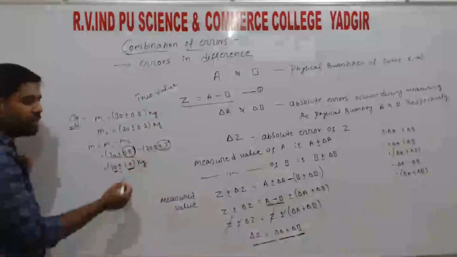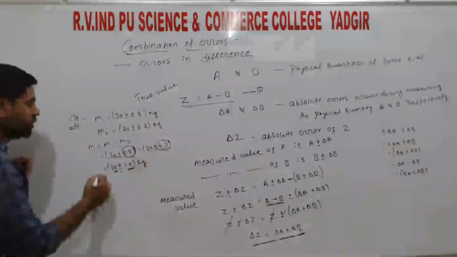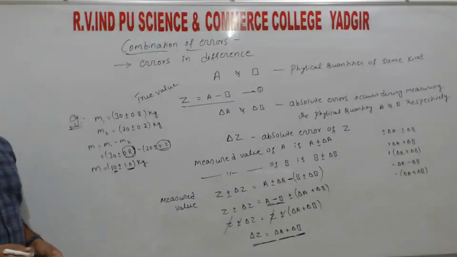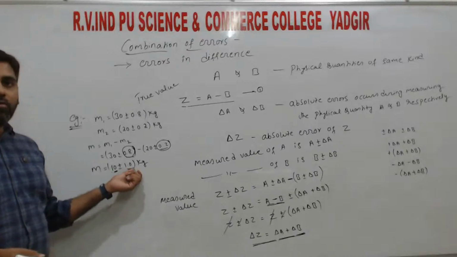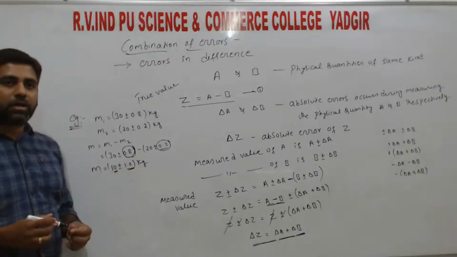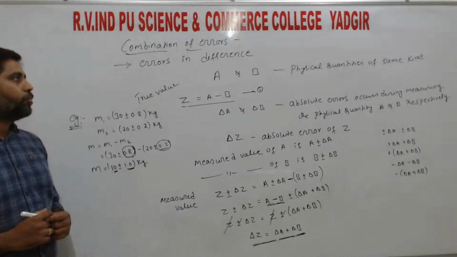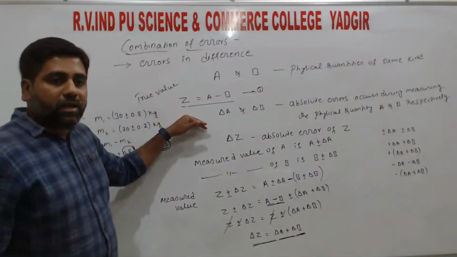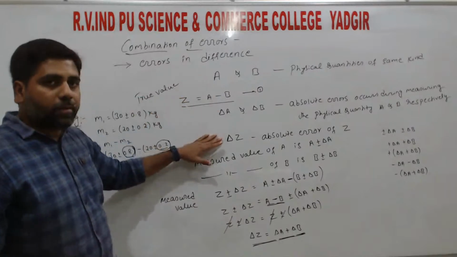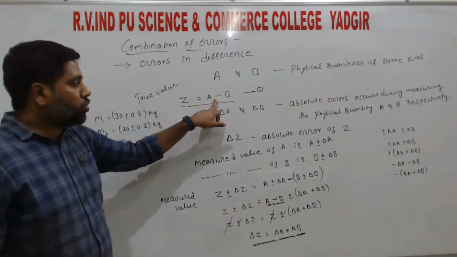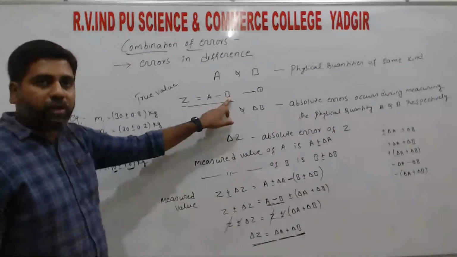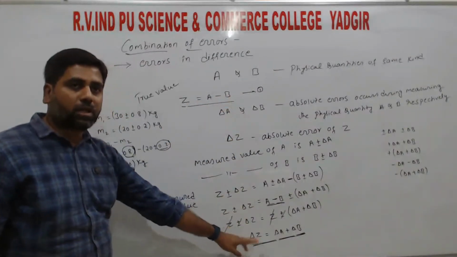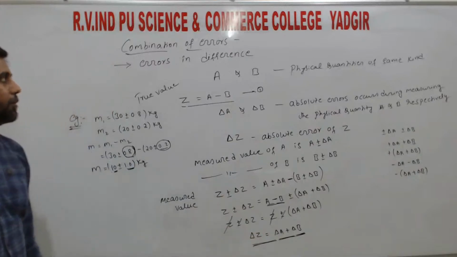So again we are getting 1, right? So the error is 1 kg. So errors in sum and errors in difference are almost the same, but the change is that the true value is measured as a difference, but the absolute error comes as a sum, right?